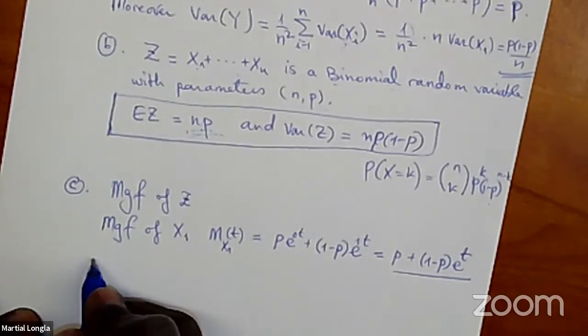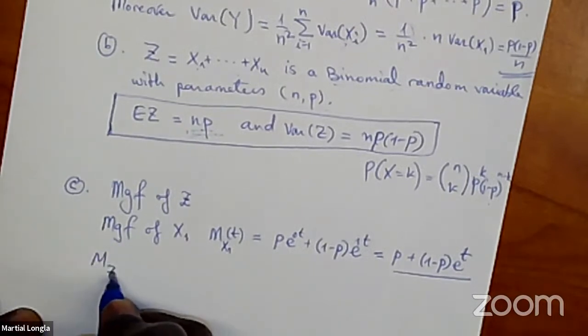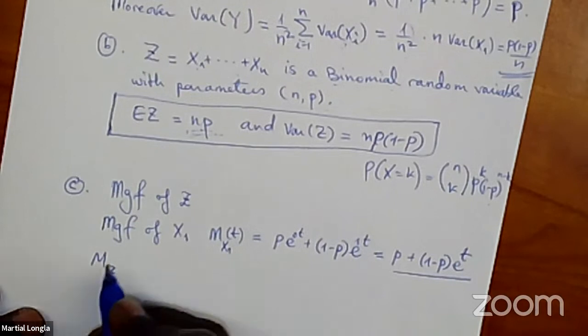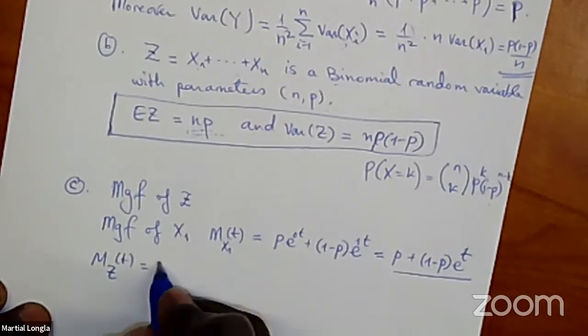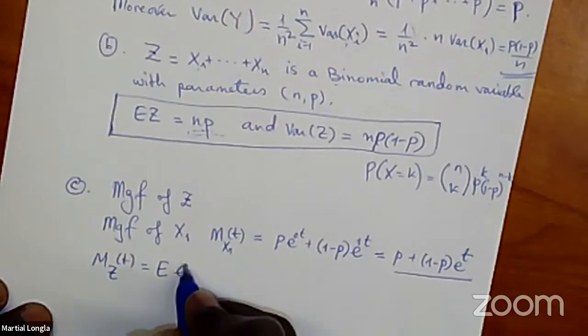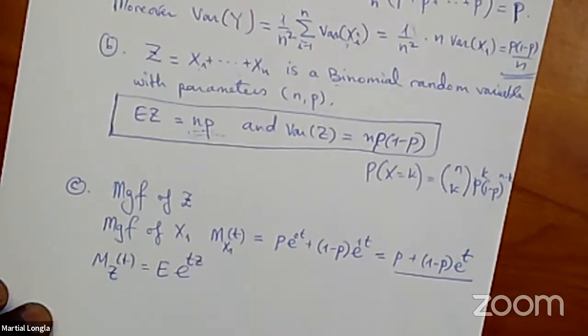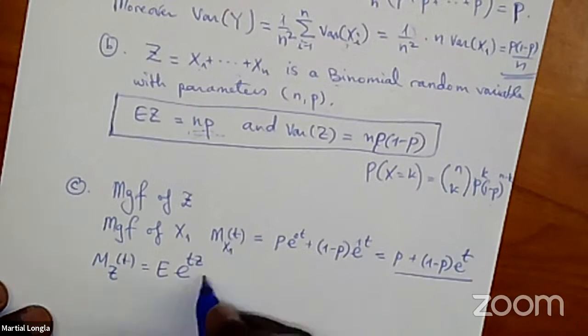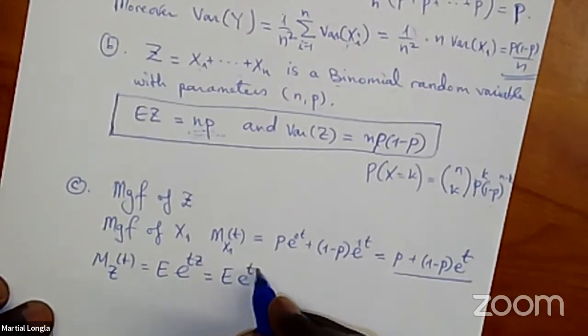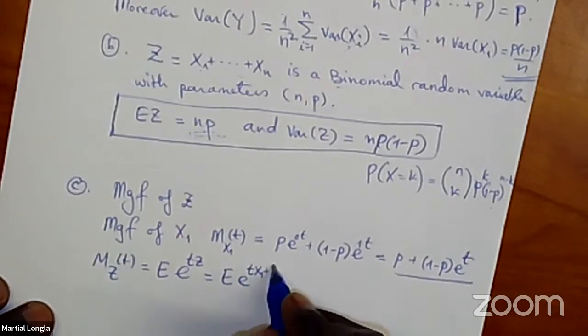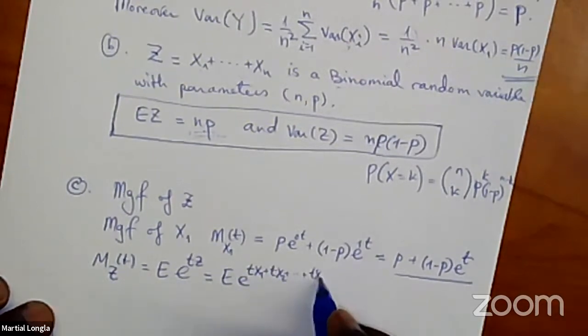And then the moment generating function of Z, of t, equals what? Expected value of e to the tZ. This is equal to expected value of e to the tX1 plus tX2 plus tXn.